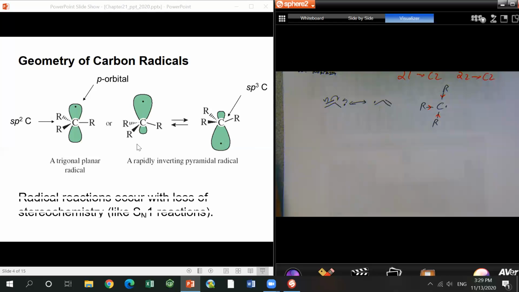For you guys, just treat these three R groups as on the same plane for radical reactions. So that's why radical reactions normally have no stereochemistry. That's different from chapter 22, where we said a lot about stereochemistry, but chapter 21 has no stereochemistry, because the radical geometry is planar.